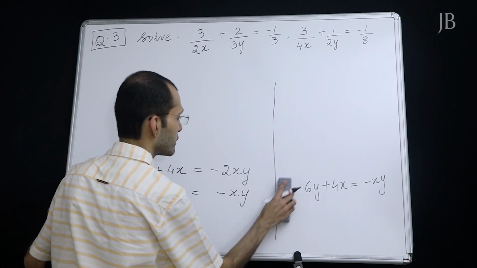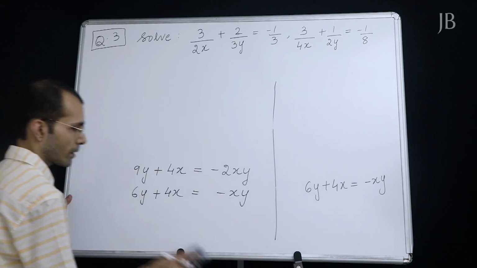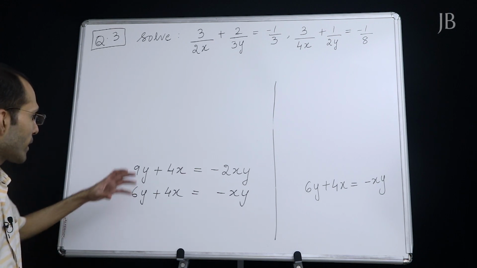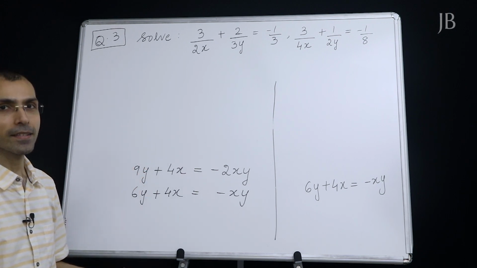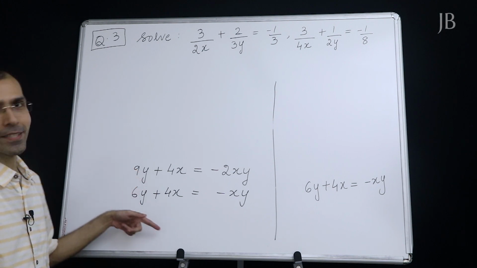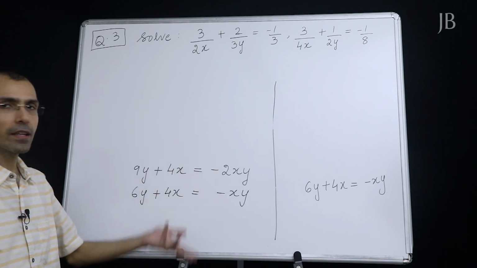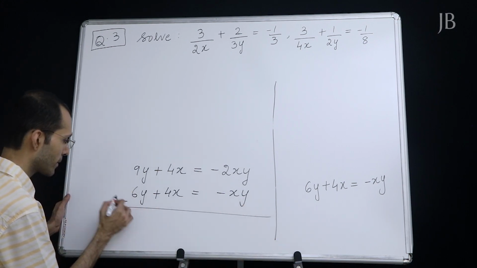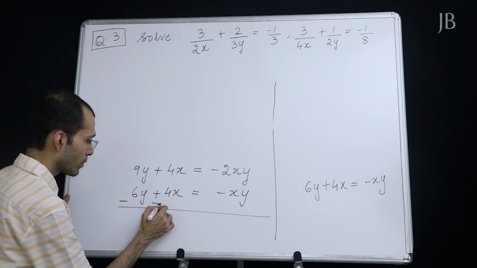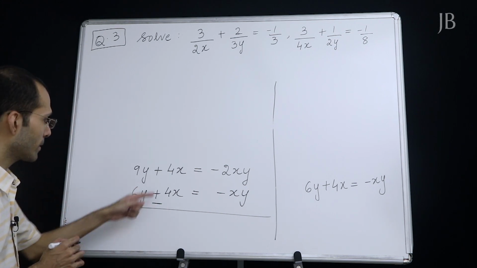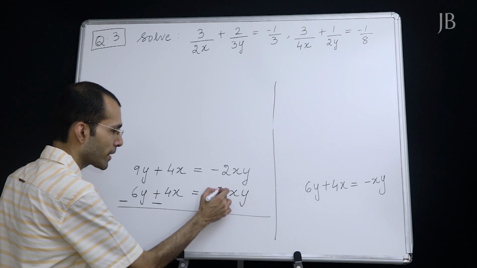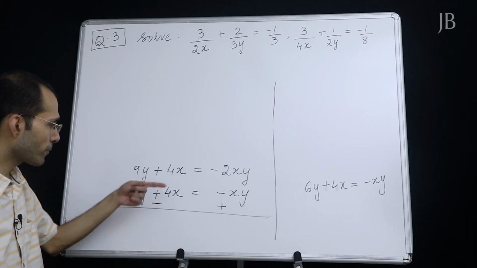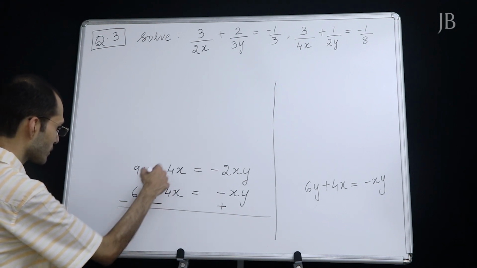Fine. Now what will work here? What should we do? Addition, subtraction, so that one variable gets eliminated. Subtraction. If you add, nothing will get eliminated, you know. So subtraction. So this is minus. This is also minus. Again here minus, but minus into minus is plus. So 4x minus 4x, that goes away. Okay.